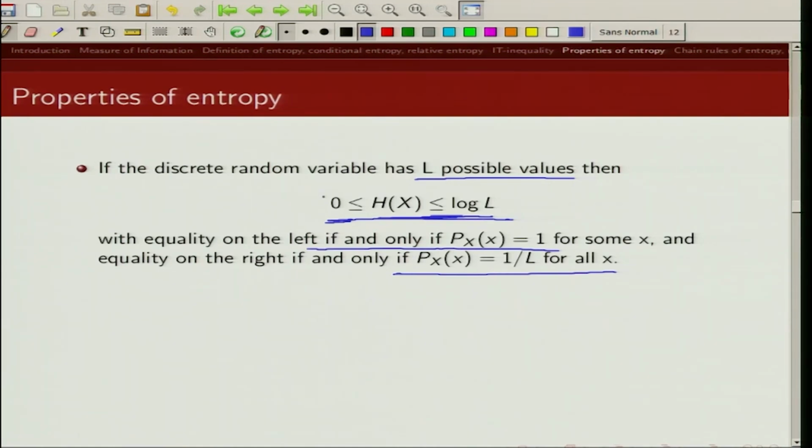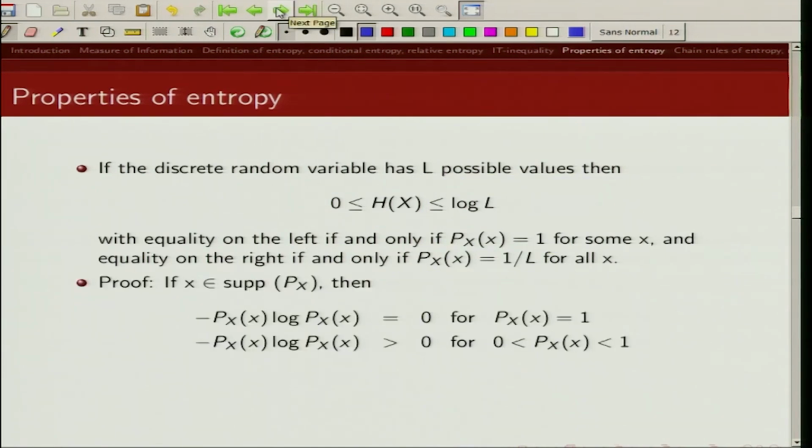We will first show this result, that entropy is greater than or equal to 0. So how do we prove it? We know from the definition of entropy, it's minus p(x) log of p(x), summation over all values of x. So let's look at this quantity, minus p(x) log of p(x) over the support set of p(x).